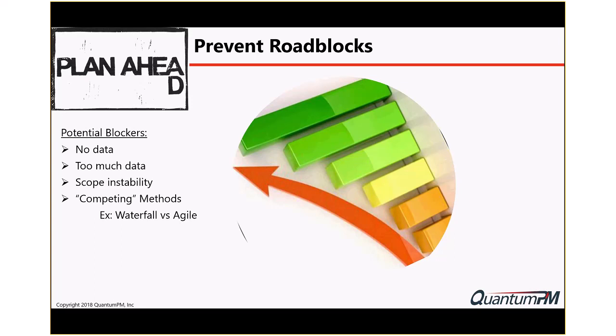And then other things that have come to the forefront more in recent years are what I'm calling competing methods for purposes of our discussion here. And I'm using an example from a technology perspective. There are a lot of other examples that we can talk about as well.